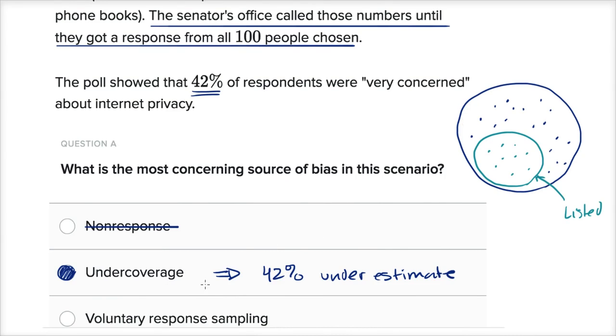Once again, if you did, hey, come to my website and fill it out, you're only getting information from a subset of your population who are volunteering. That is not the situation that she did over here. She didn't ask 100 people to volunteer. Her team went out and got them from the phone book. So this was definitely a case of undercoverage.